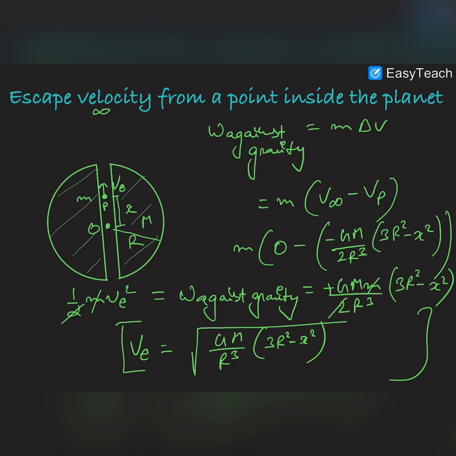Okay, and the fourth cosmic velocity, till now, is defined as the velocity with which we should project an object so that it escapes out of the galaxy of ours.